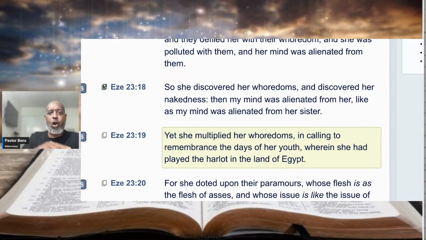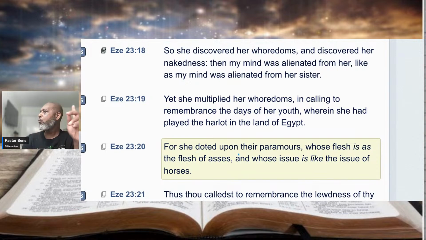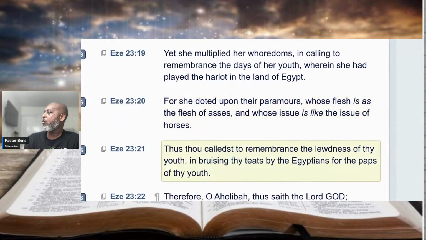Watch this. And they go all the way back to Egypt. For she doted upon their paramours, whose flesh is as the flesh of asses, and whose issue is like the issue of horses. Thus thou callest to remembrance the lewdness of thy youth, in bruising thy teats by the Egyptians.